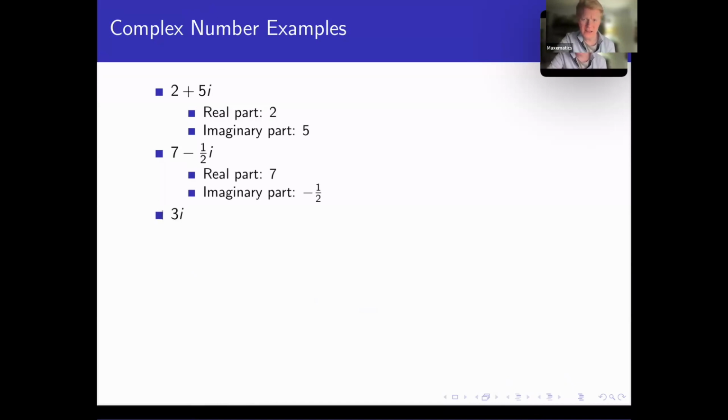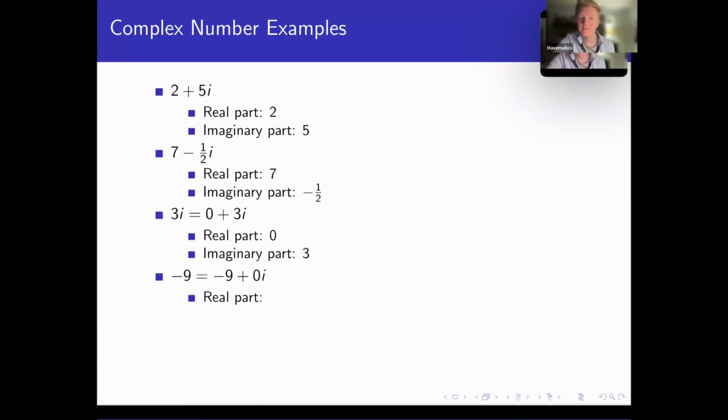3i, well, 3i is completely missing a real part, right? It only has the i part. Well, we can rewrite this as 0 plus 3i. Now it's a little clearer that the real part is 0 and the imaginary part is 3. Negative 9, completely missing the i part, but we can rewrite negative 9 as negative 9 plus 0i.